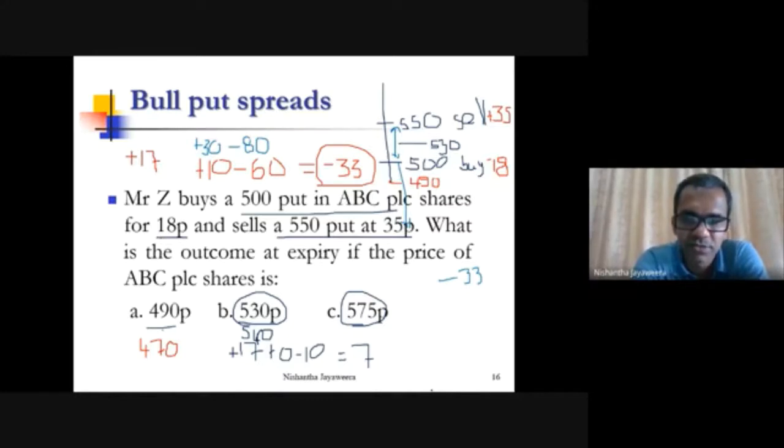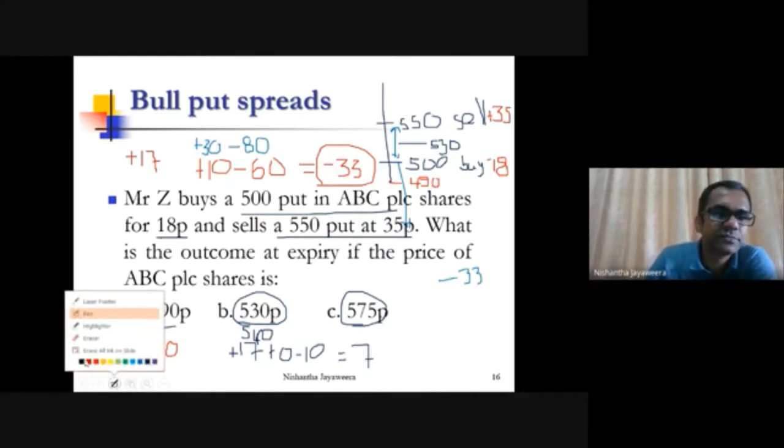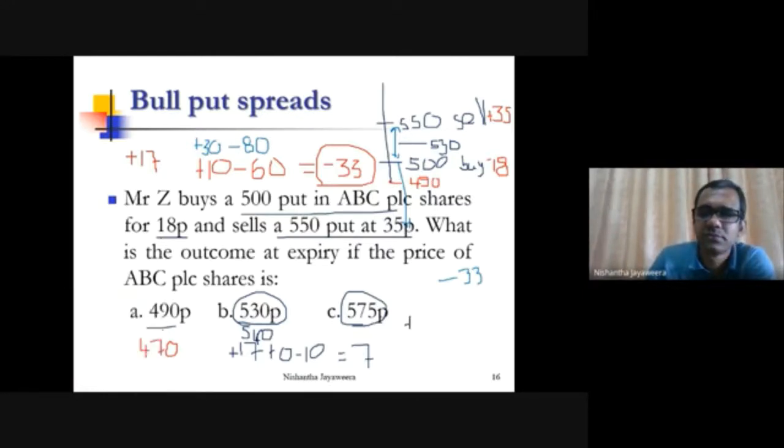Okay, then what are the cash flows? At the beginning you receive this plus 17. Then on the option that you have bought, there's no cash flow, no payoff. On the option that you have sold, again there's none, so the profit would be 17.